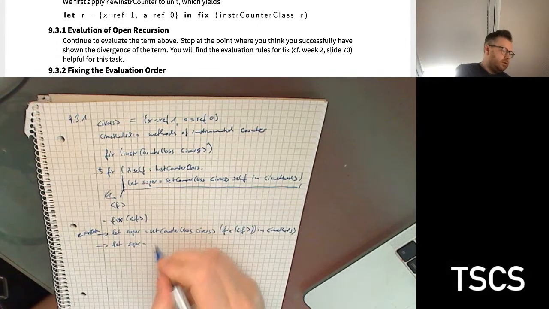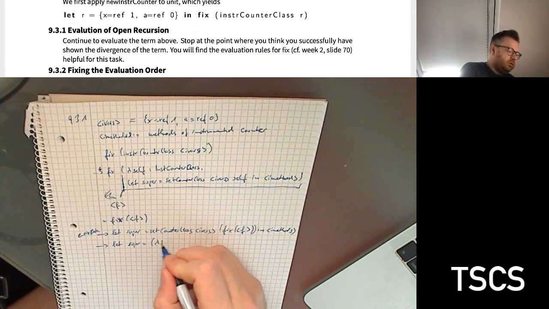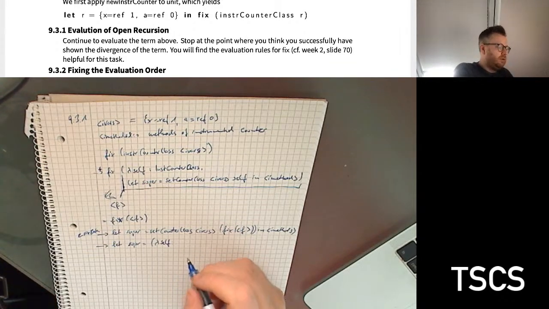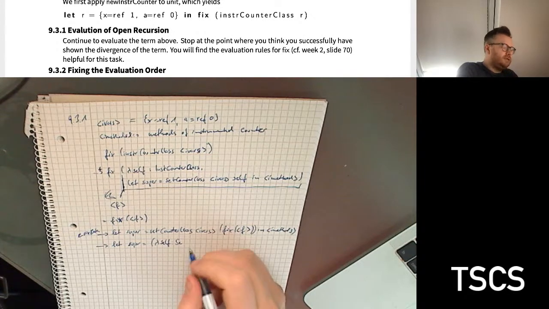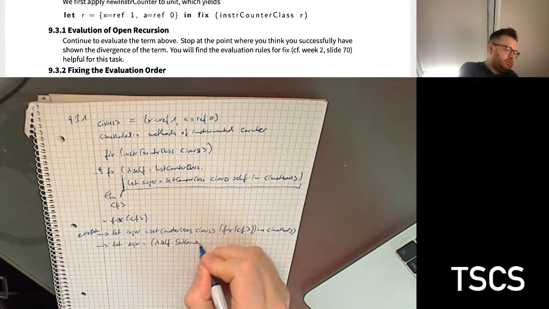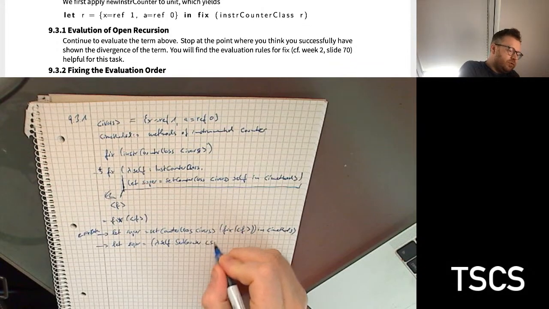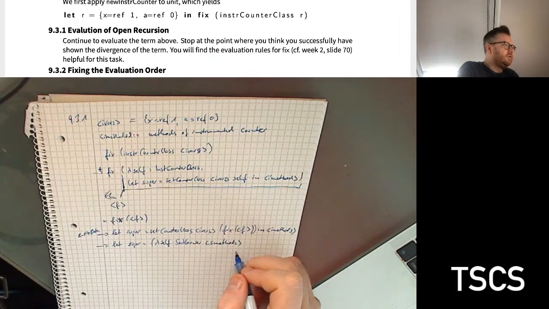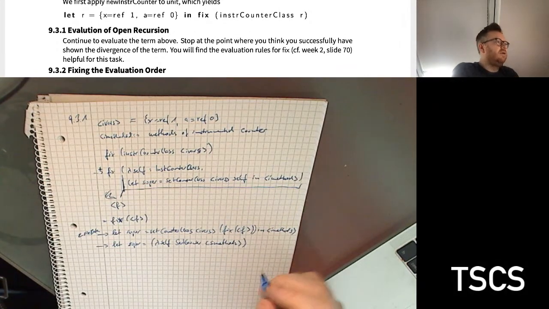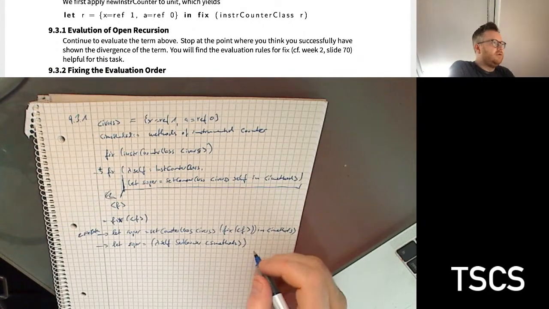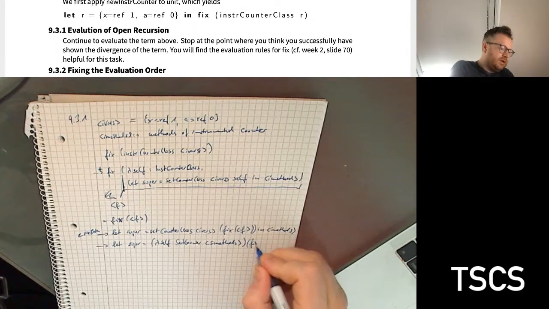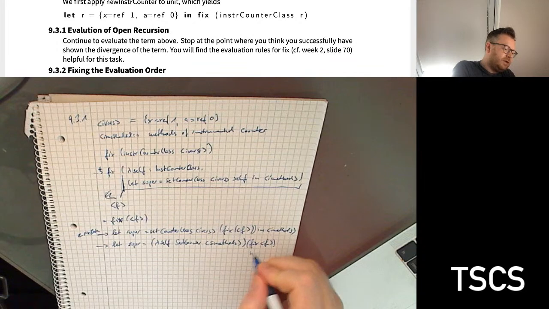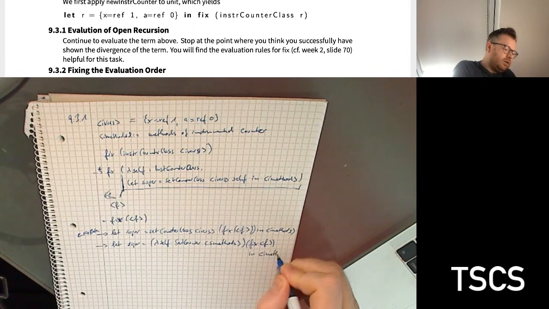Now we have set counter class, and then these so-called S methods. These are the methods from set counter class. So we have made that a little bit abbreviated here. And then, of course, again, fix F, and then, of course, in I methods.